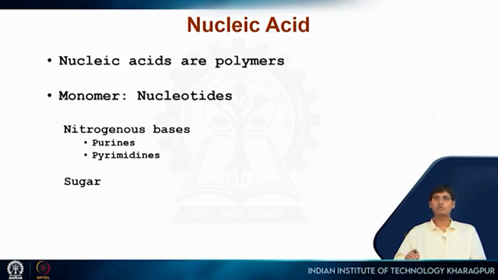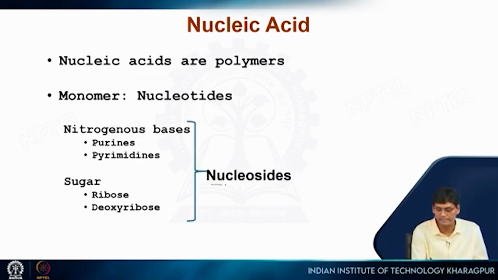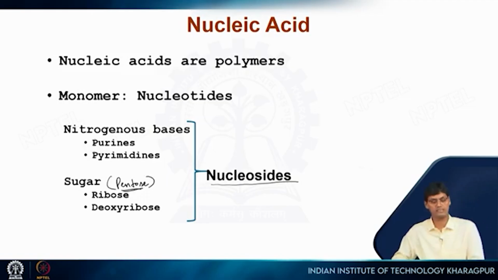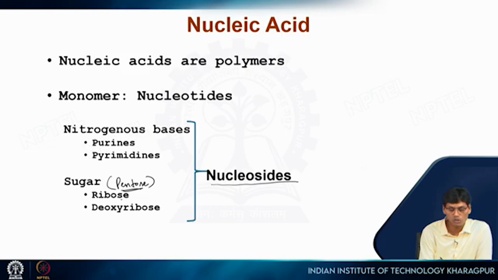So, a pentose sugar is present in nucleic acid. This sugar and nitrogenous base together form a nucleoside. So, pentose sugar means a 5-carbon sugar present in nucleic acids. It can be ribose or it can be deoxyribose.